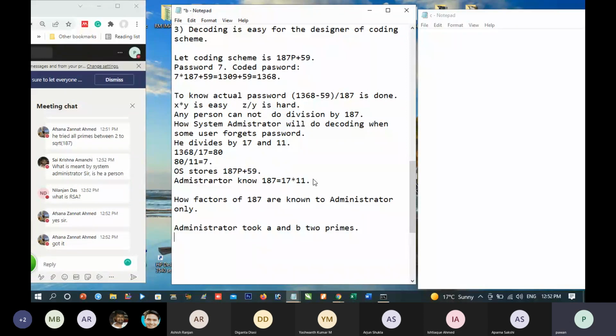The system administrator took two primes A and B. K equal to A into B is done by him. In the OS, K is stored. Coded password is stored.